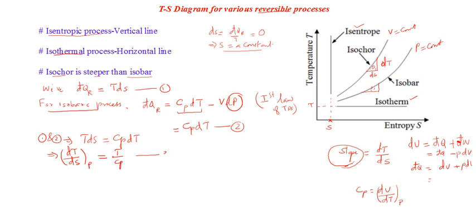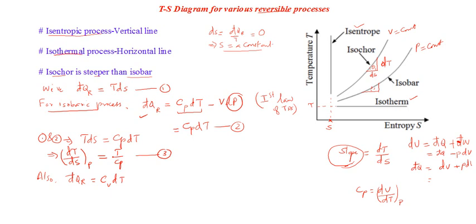Let's keep it there. In the same manner, you have to obtain the slope for the isochore. You can begin the same way we have done with this one. d bar qr has yet another form. Similar to this expression that I have written, I can write this one as Cv dt plus Pdv.